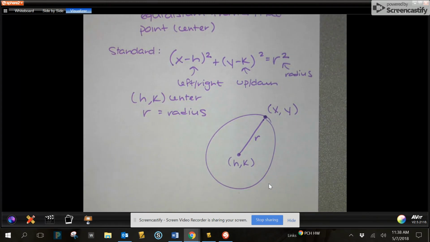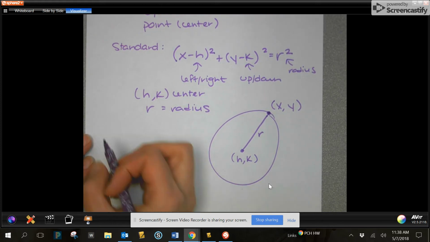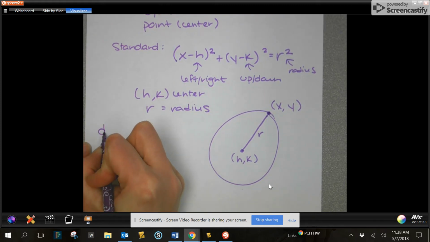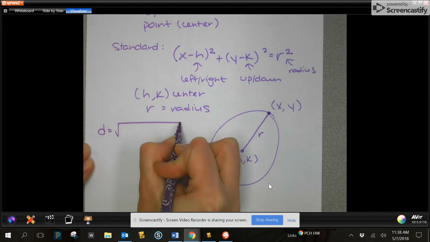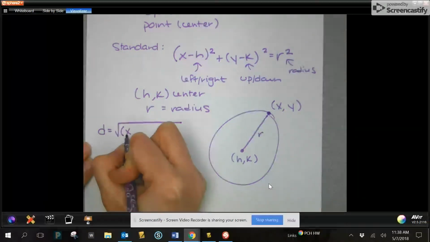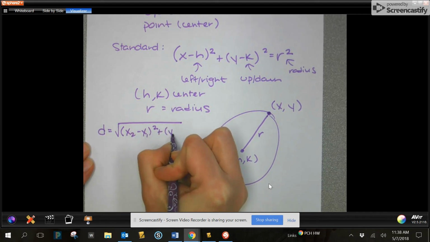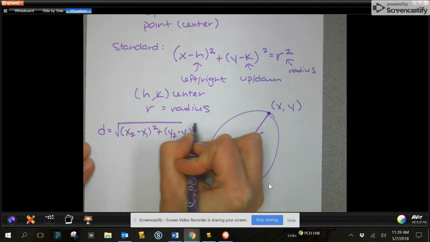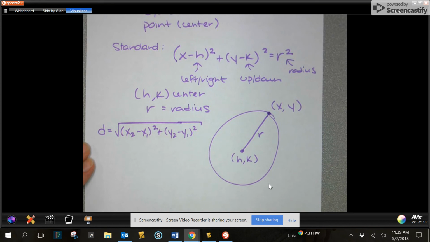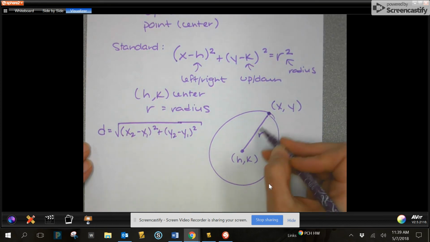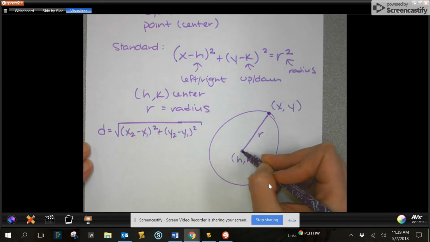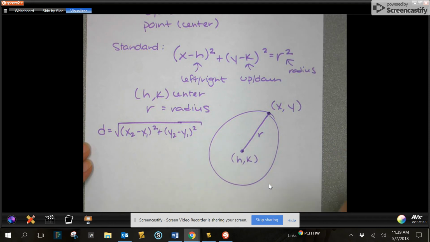One definition that's going to be kind of important is the distance definition, and that's from the distance formula, that's where you get the standard form of a circle. So if you remember, the distance formula is the square root of (x2 - x1)^2 + (y2 - y1)^2. What we're trying to do here, though, is show that the radius is the distance between these 2 points here.